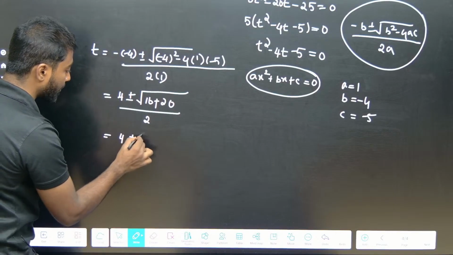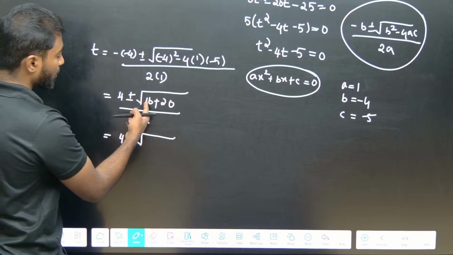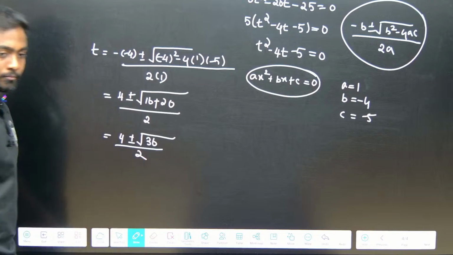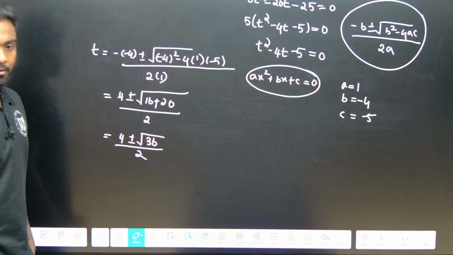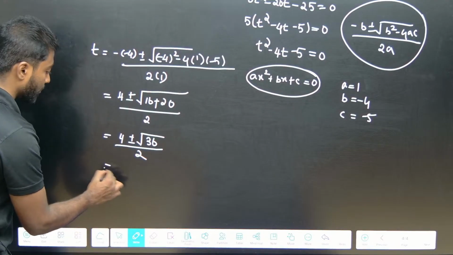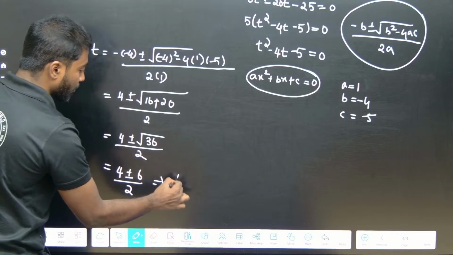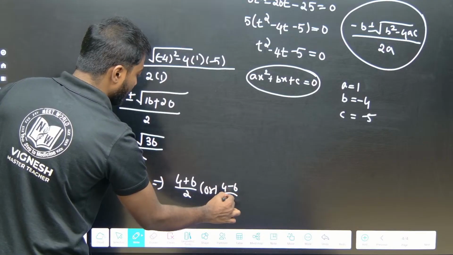4 plus or minus root over 36, divided by 2. So root of 36 is 6. So it is 4 plus or minus 6 by 2. I can say this as 4 plus 6 by 2 or 4 minus 6 by 2.